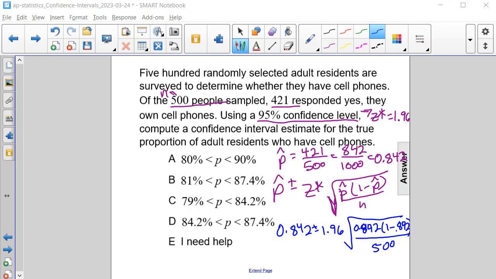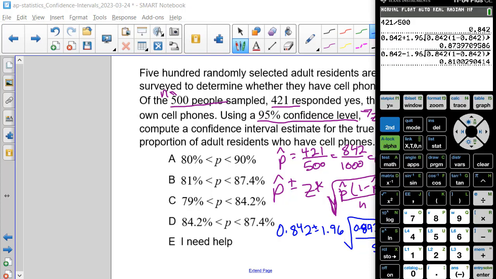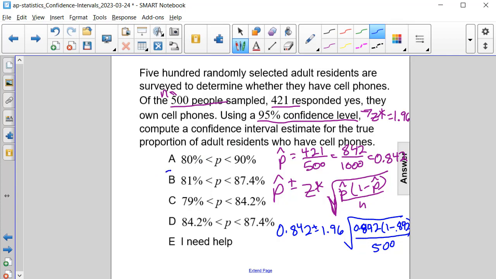And if we substitute these values into a calculator and evaluate, we will end up getting that our confidence interval is from 81% to 87.4%, which is answer choice B.